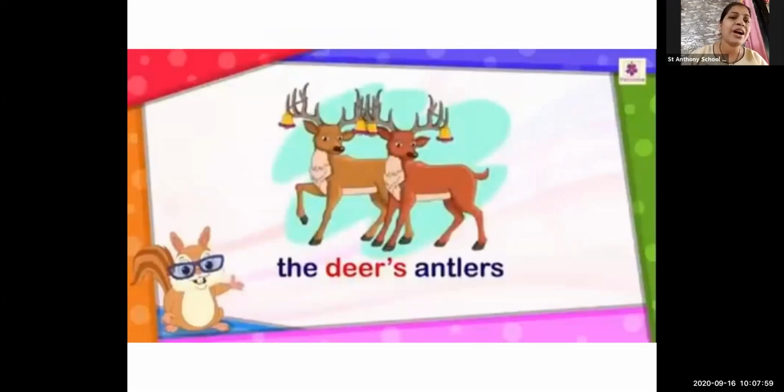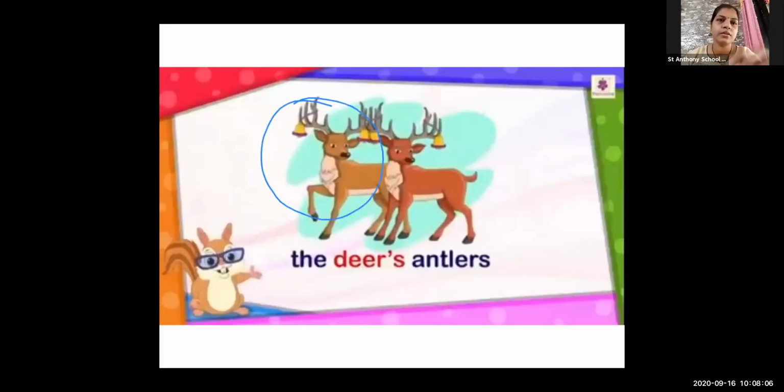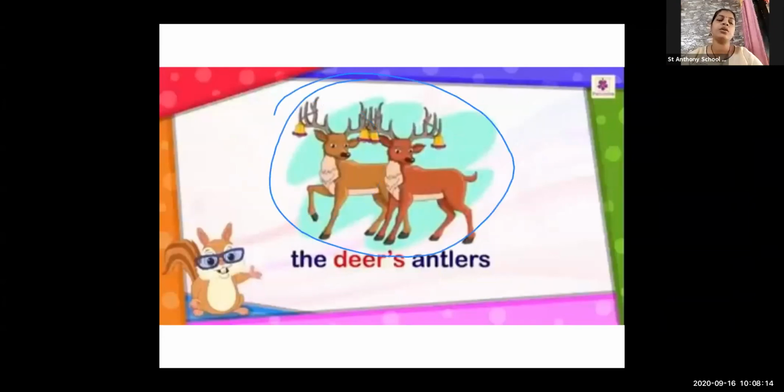I'll show you with the help of an example. When I was talking about a single deer, I'll say the deer's antler. But when we talk about the plural, or two deer, the singular and the plural form of deer remain the same.